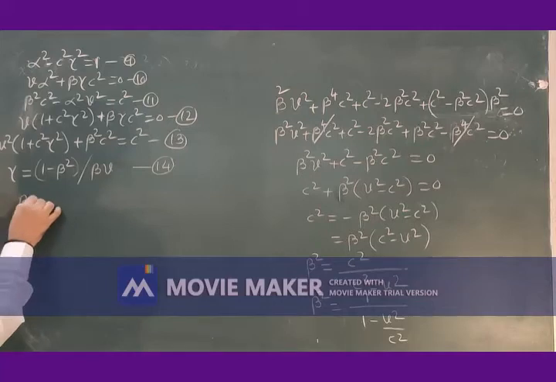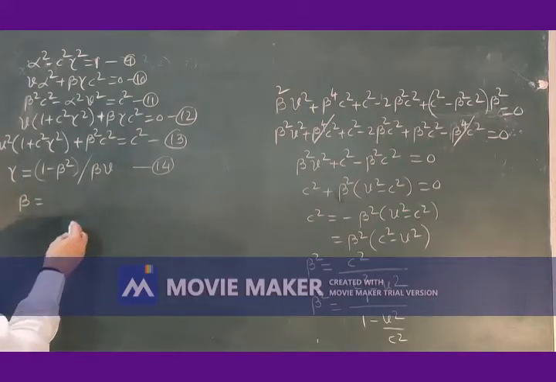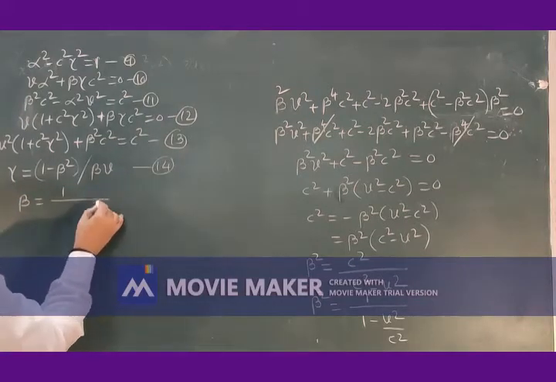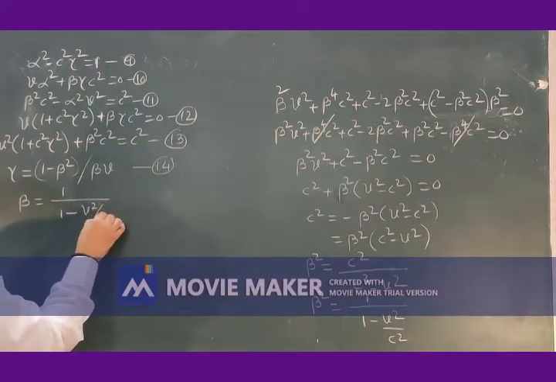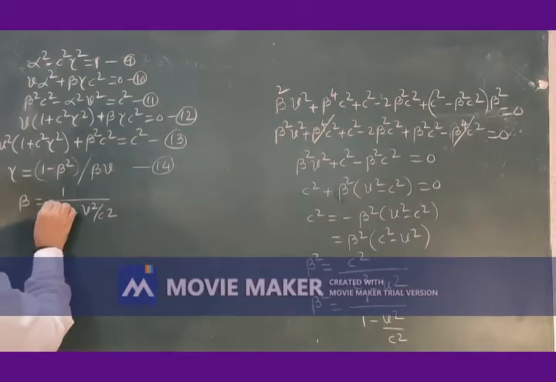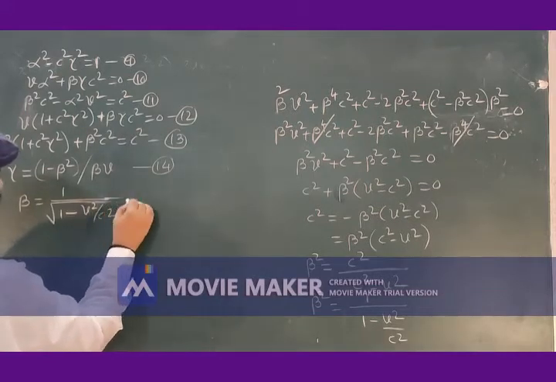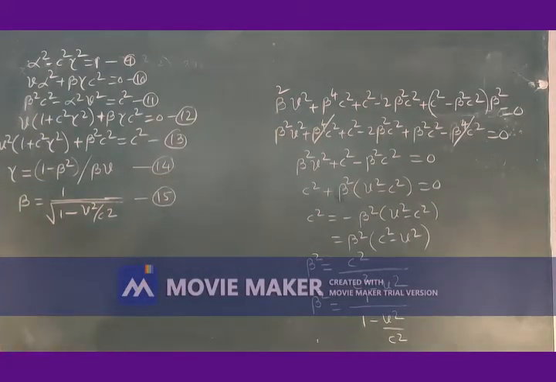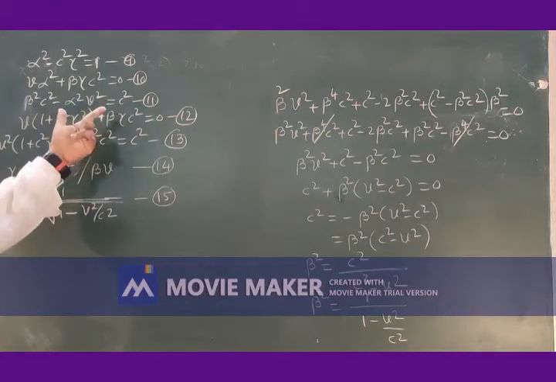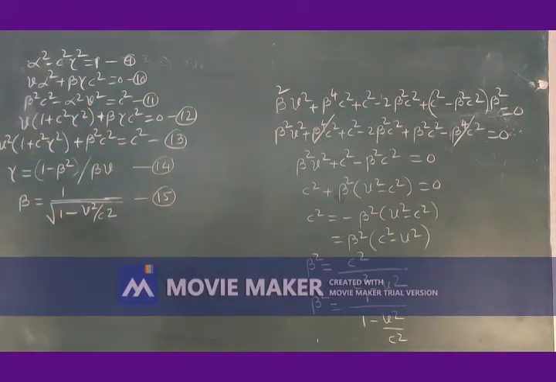If we take square root on both sides, we will have beta is equal to 1 divided by the square root of 1 minus v square divided by c square, equation number 15. So putting equation 14 into equation 12 and simplifying systematically, we got beta is equal to 1 divided by square root of 1 minus v square by c square.